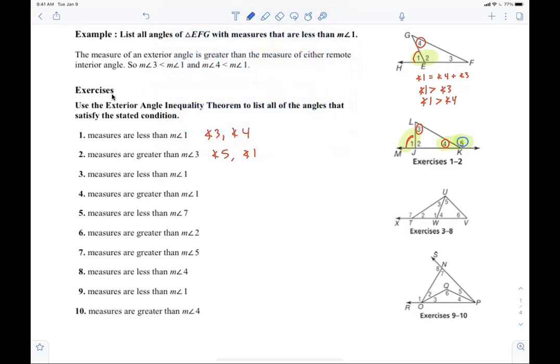Angle 5 is related to what? 2 and 3. That's the relationship. You can only compare 5 with 2 and 3, and 1 with 2 and 3. That's all there is to it. You can't talk about 1 and 2, you can't talk about 2 and 4, you can't talk about 2 and 3.